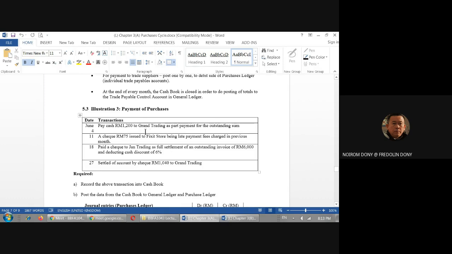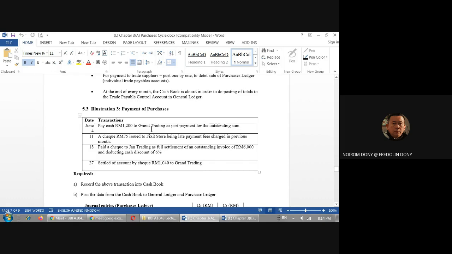But if the transaction were, for example, pay cash 1,002 to Grand Trading for purchase of a computer, that is specific, and you must immediately understand that the computer is a non-trading item, to be used in the business. Like this one, there is no specification, they just give you a very general term, for the outstanding sum. So you can assume this is a trading item, right? If this is a trading item, Grand Trading is a trade payable.